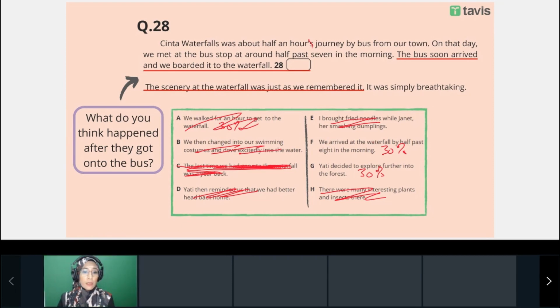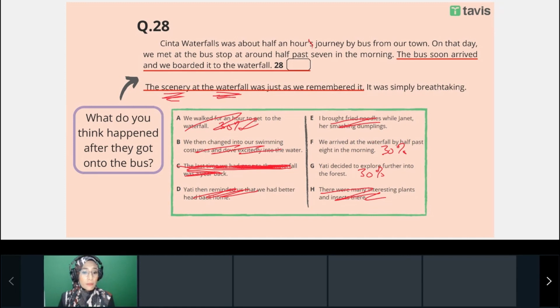Now let's try and match, right? Let's try and match here. So the bus soon arrived and we headed. Then we arrived at the waterfall by 8:30 in the morning, and Yati decided to explore further. Are they talking about the forest after here? They are still looking at the scenery of the waterfall, right?